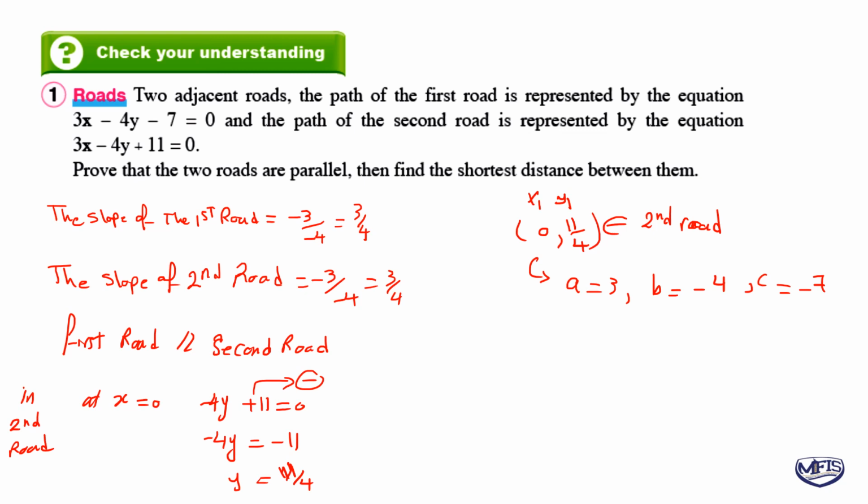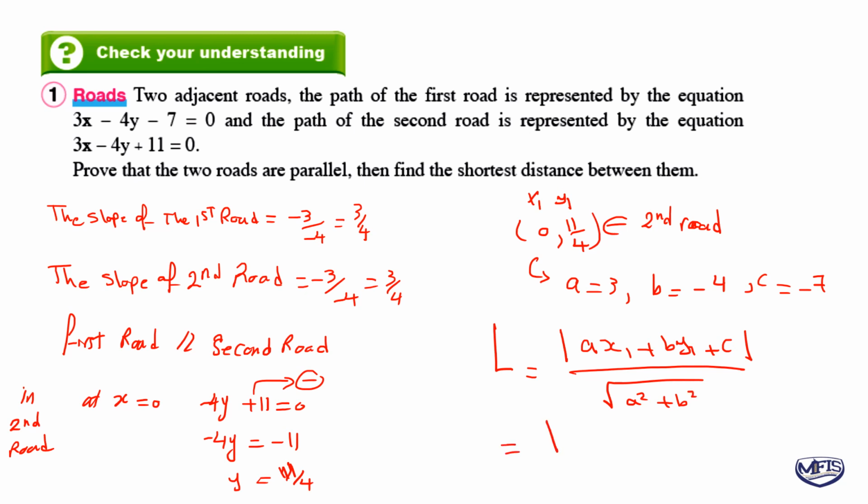To find the shortest distance between the two roads, we will use the rule: absolute value of a times x1 plus b times y1 plus c, over root a squared plus b squared. So it will be the absolute value of 3 times 0 plus negative 4 times 11 over 4 plus negative 7, over root a squared plus b squared, which is 3 squared plus 4 squared.